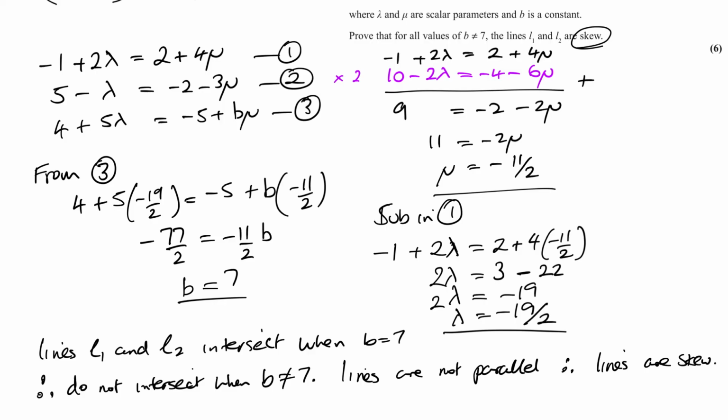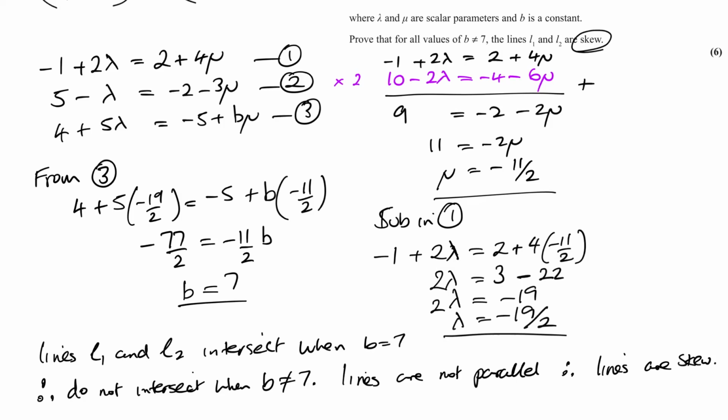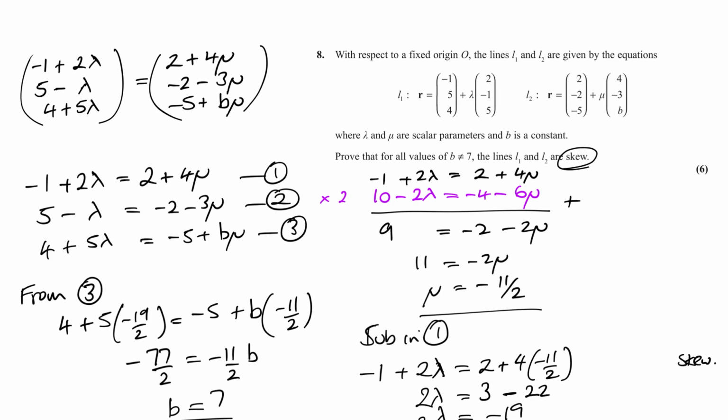And that's essentially it. Now, you might say, well, how are they not parallel? Remember that this is the directional part of the equation. It works like this, that's the position vector and that's the direction.